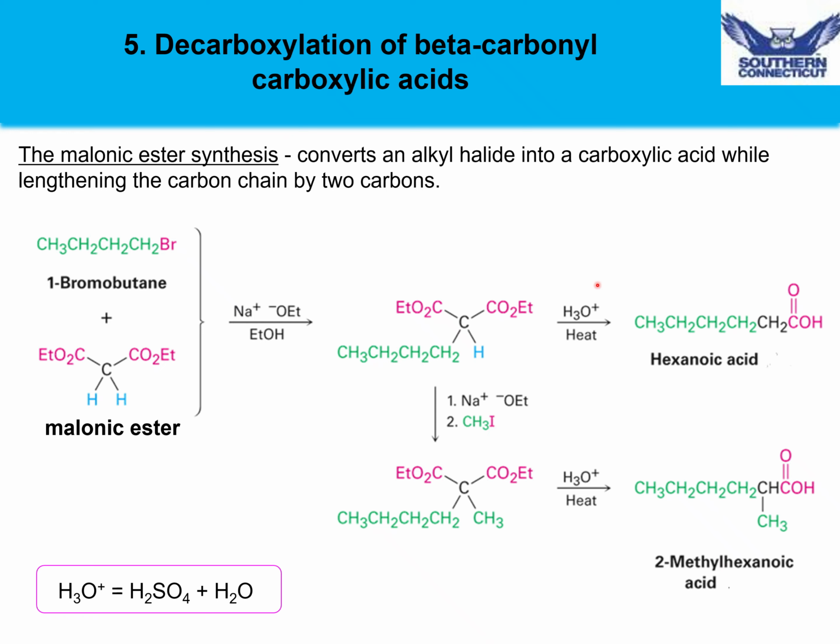And then if we use a decarboxylation, so adding aqueous acid and heating the ester, or the diester in this case, will lead to first hydrolyzing the two esters into carboxylic acids, and one of those two would be removed by decarboxylation, leading to a carboxylic acid that is 2 carbons longer than the original alkyl halide.